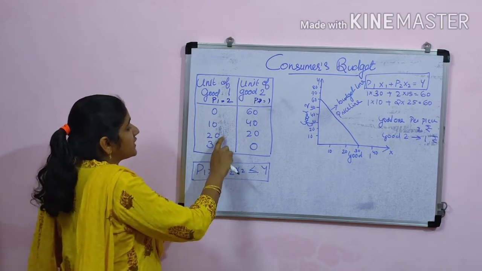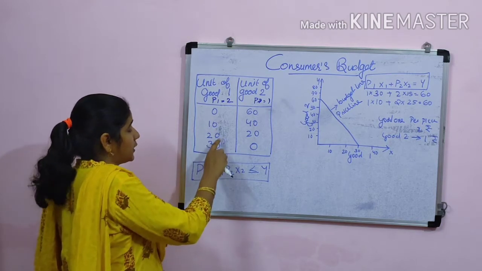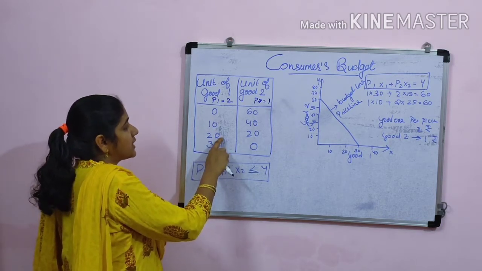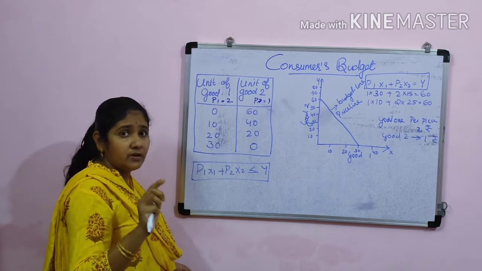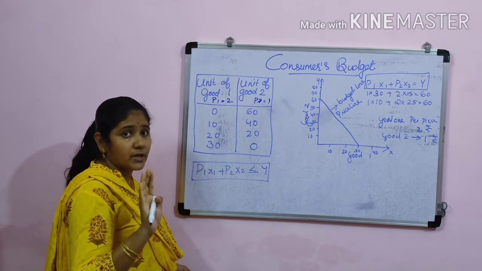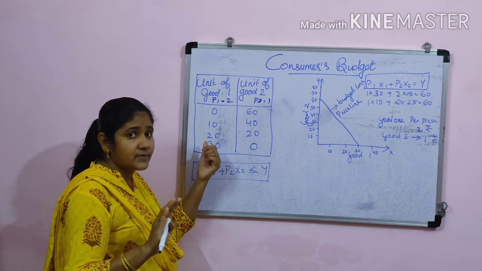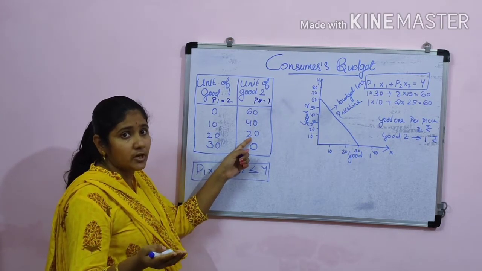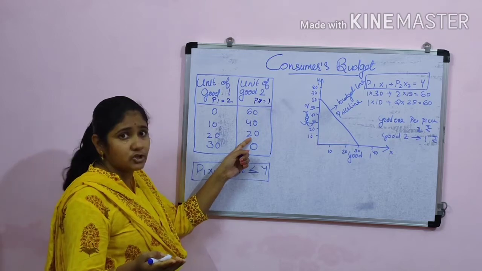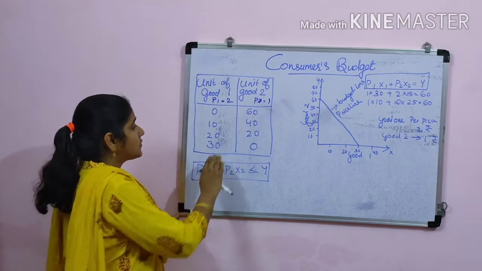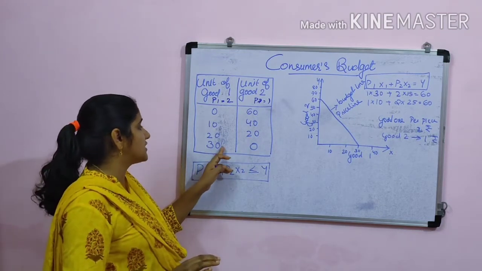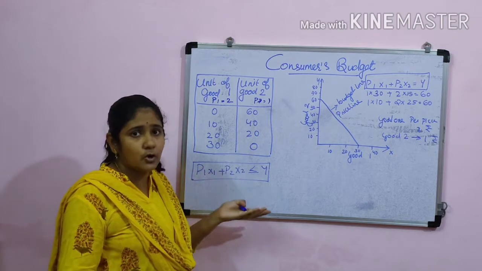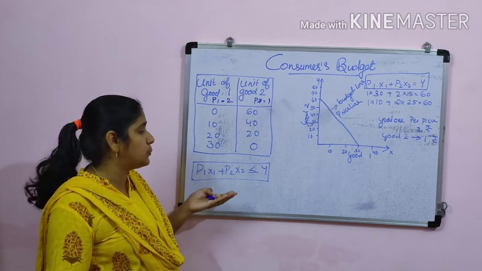Also like that, 20 units of good 1 multiplied by 2, total expenditure for good 1 is 40, and good 2 is 1 rupee each only, so 20 multiplied by 1 is 20. And here, with 0 units of good 1, he will be able to purchase 60 units of good 2.